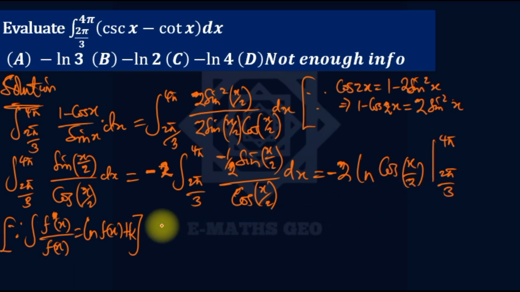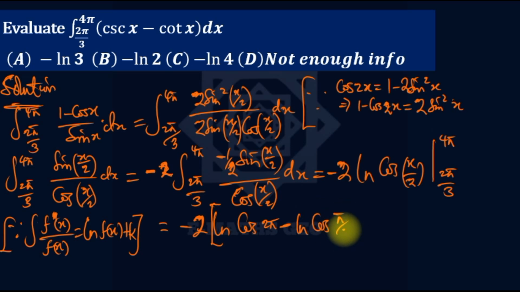So this is now equal to, we substitute, minus 2 times the bracket ln cos 2 pi minus ln cos pi over 3. That's substituting the upper and the lower limit. The upper subtracts the lower.